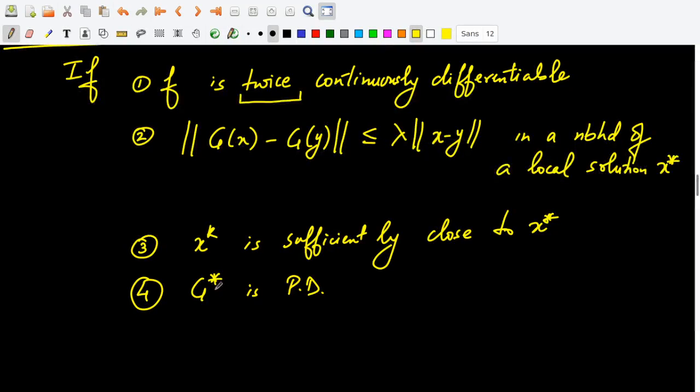So the Hessian at the local solution should be positive definite, and the Hessians should not vary too much when we move from point to point. Here this Lipschitz constant lambda is independent of x and y. Once we assume all these 4 things about f, then we can say something about Newton's method.